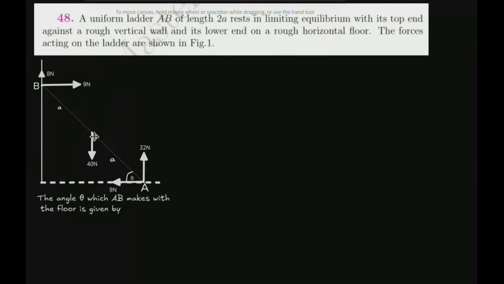We have the weight of the ladder acting at its midpoint. You can see how it is pointing vertically downward. We also have the 32 Newton force acting vertically upward, which is simply the normal reaction force between the ladder and the floor. Then finally we have the friction force produced between the ladder and the floor, which has a value of 9 Newton.